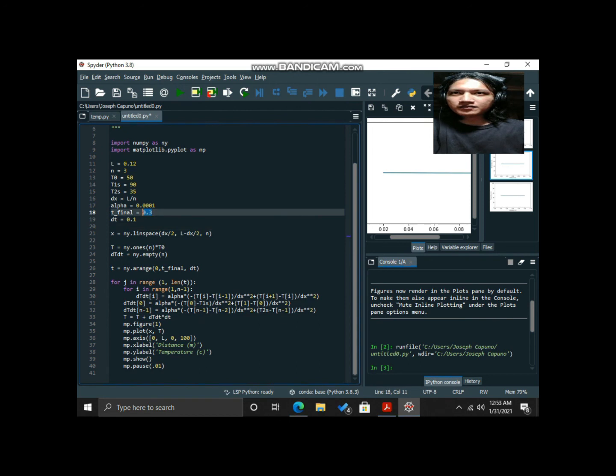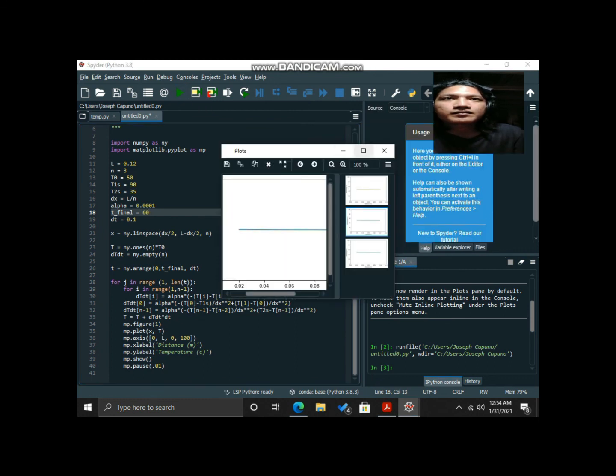Pag sinabi natin 60 seconds, ibig sabihin 1 minute natin i-expose sa heat yung both sides. Ganito yung lalabas.